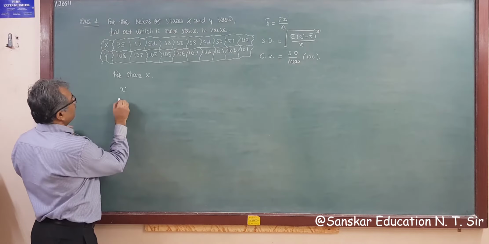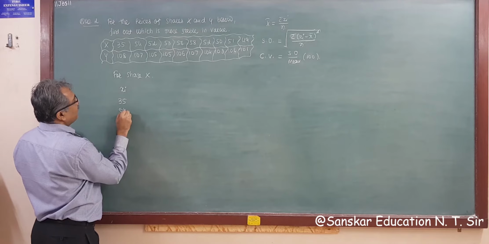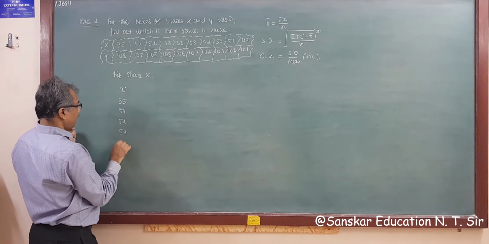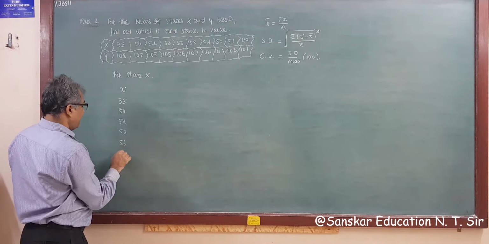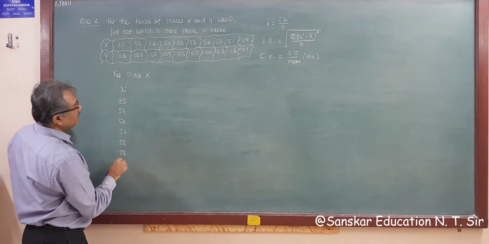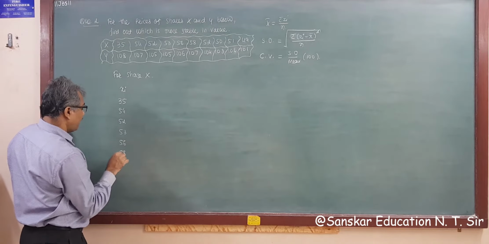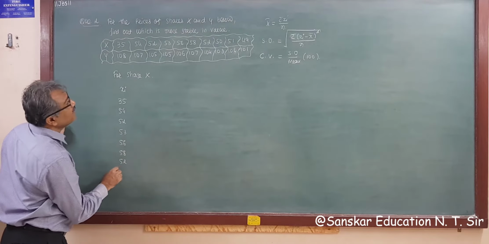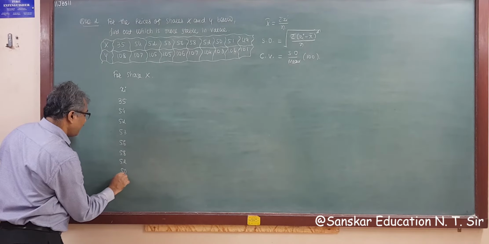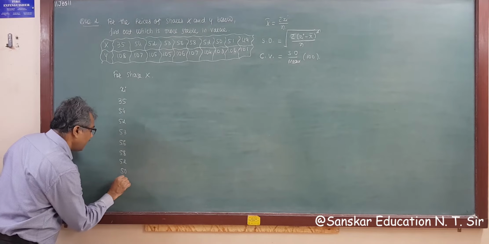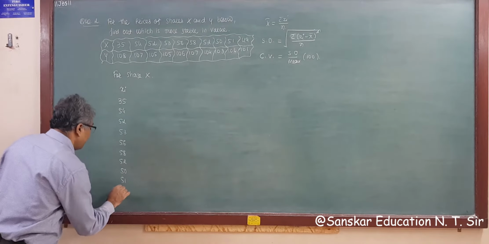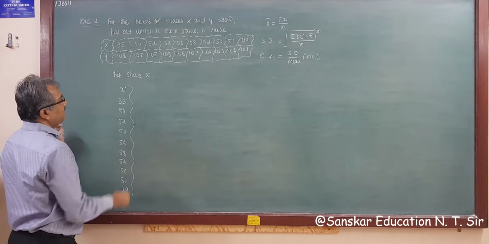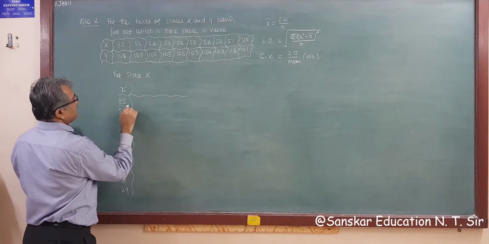This is 35, 54, 52, 53, 56, 58, 52, then 50, 51, 49, 52, then 50, then 51 and 49. So this is Xi.